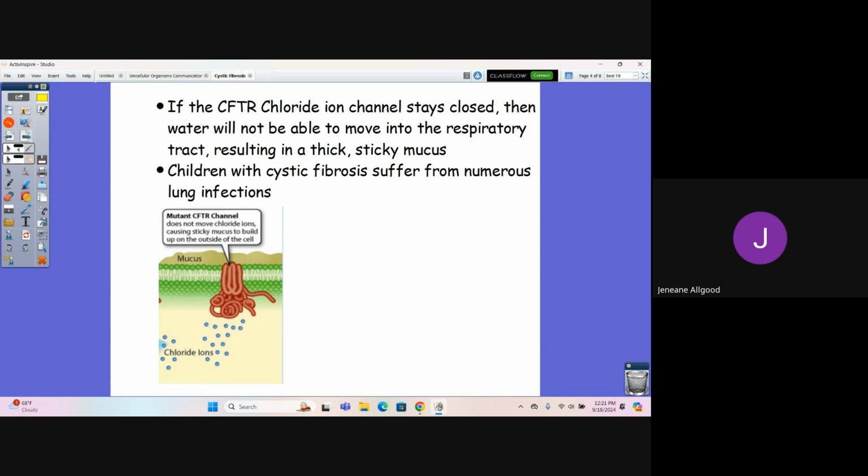Cyclic AMP causes those chloride ion channels in the intestinal cells this time. So make sure you're talking about what part of the body we're in, to stay open too long. So too many chloride ions leave along with some sodium ions, and water is going to go to where there's an excess of chloride and sodium ions.